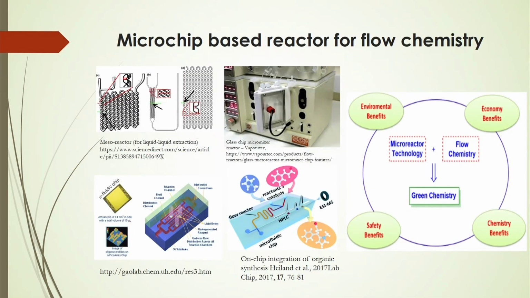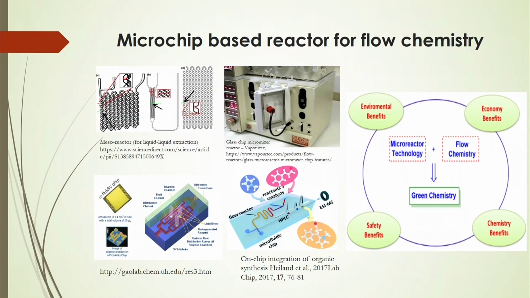Now, here you will see there are several micro-based reactors for flow chemistry. For chemical synthesis, several micro reactors are being used for getting a higher yield of the process synthesis, and it is advantageous because it may give environmental benefits, economic benefits, chemistry benefits, and safety benefits also.